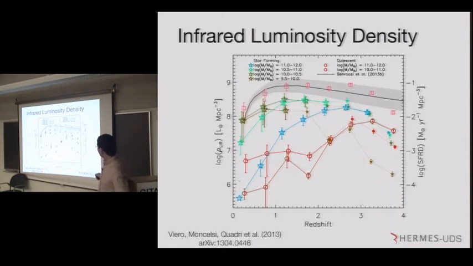And then, tying it back to the infrared luminosity density from before, we see that we can reproduce that curve pretty well. The pink are the totals of all these different curves again. At low redshifts, it's these lower mass ones that seem to be providing most of that infrared luminosity.